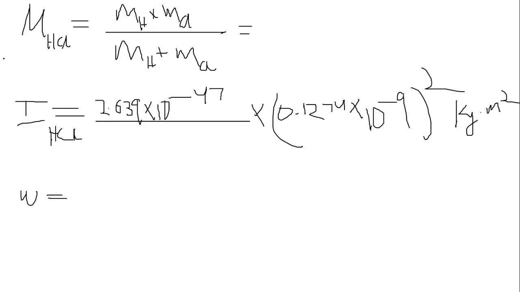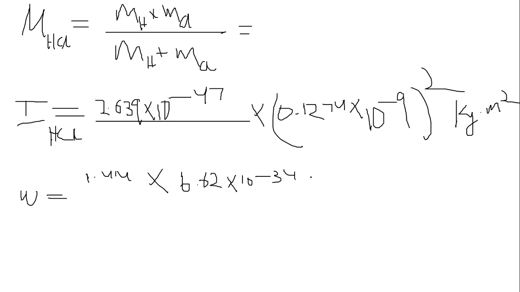So root 2, that is 1.414 into h, 6.62 into 10 to the power minus 34, because we are doing it in kg into meter square, so it will be in terms of joule second.